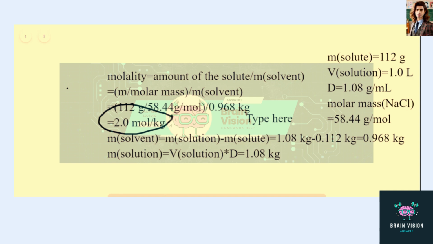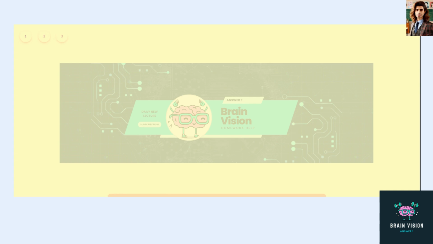Let's move on to the next point, which is the weight percentage, probably the easier thing to determine. Weight percentage is defined as mass of solute divided by mass of solution, and not the solvent. Again, very important. This is multiplied by 100%.